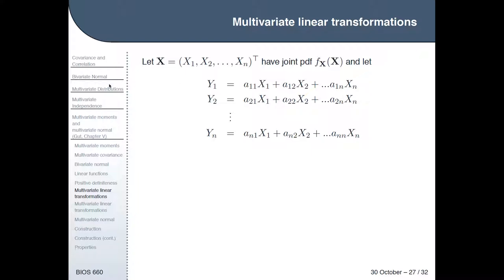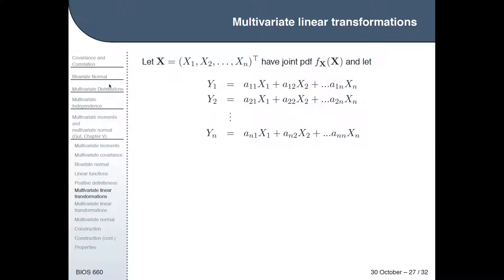You can also do multivariate linear transformations. Two slides ago gave the formula for taking a multivariate random vector and converting it to a scalar by taking the inner product with some constant vector, which gives you a scalar.